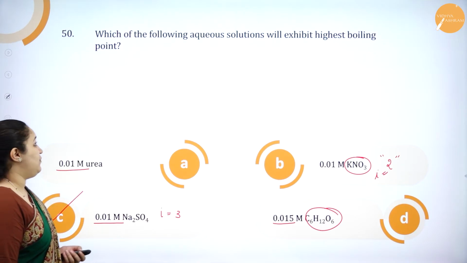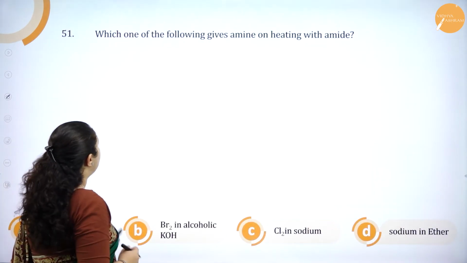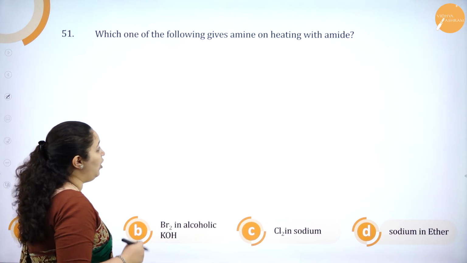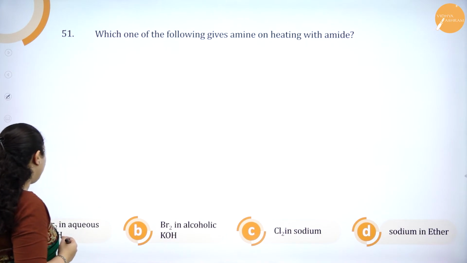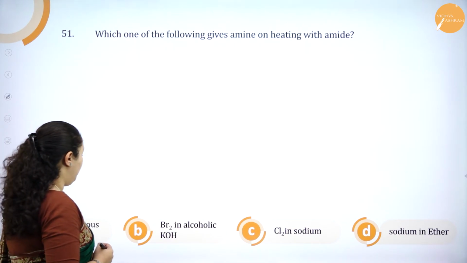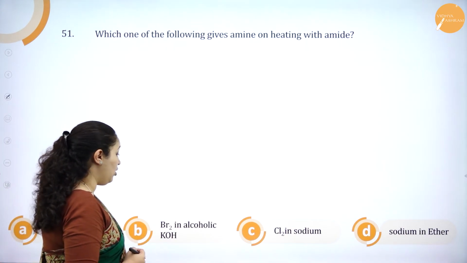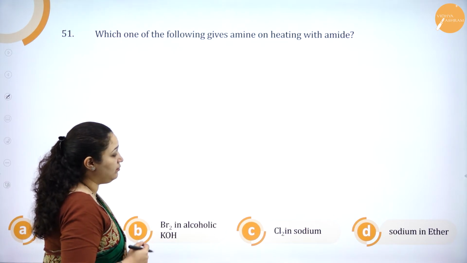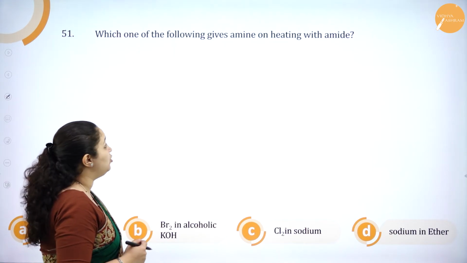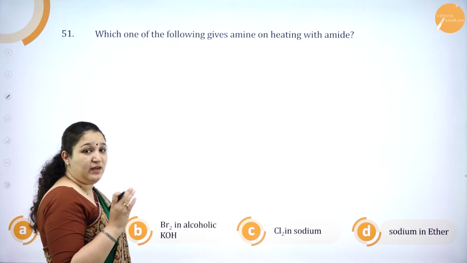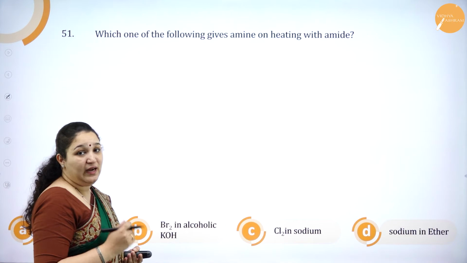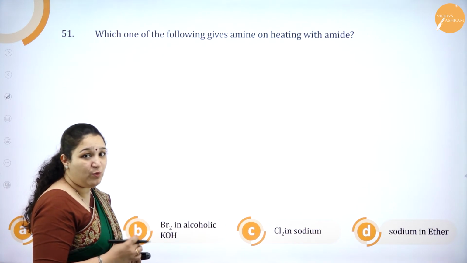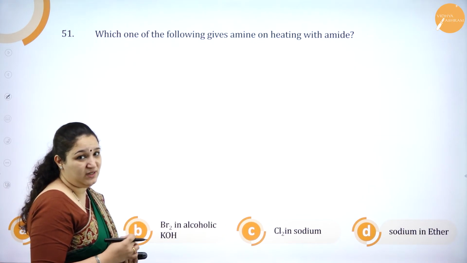Okay. Next question. Which one of the following gives an amine on heating with an amide? Option A, bromine in aqueous KOH, B, bromine in alcoholic KOH, C, chlorine in sodium, D, sodium in ether. So we have to take an amide, heat it with one of them, and you will get an amine. It is Hoffmann's bromamide degradation reaction.